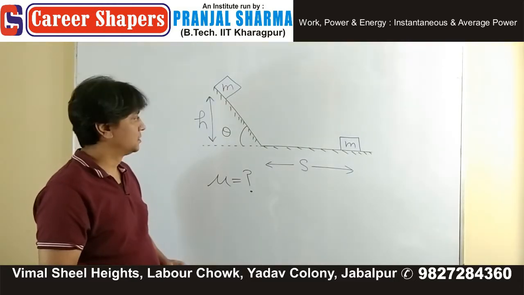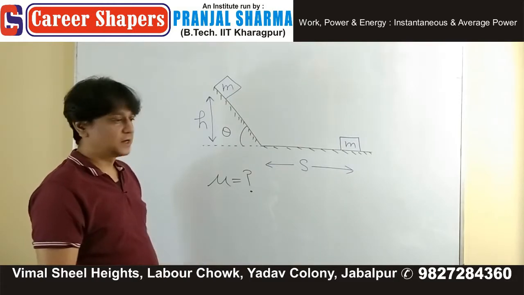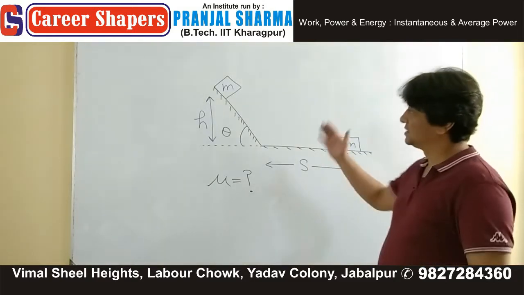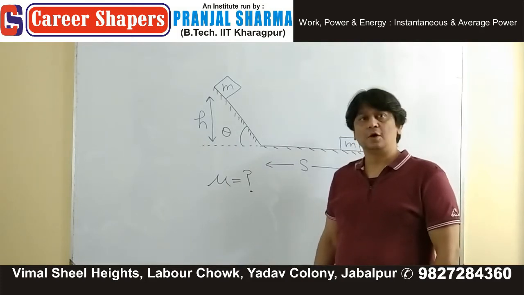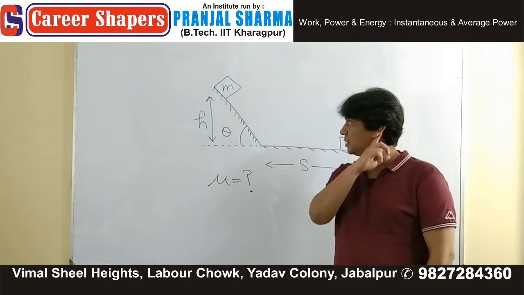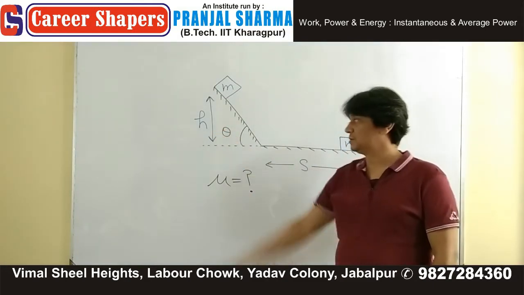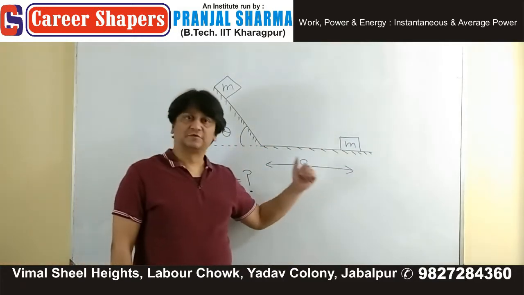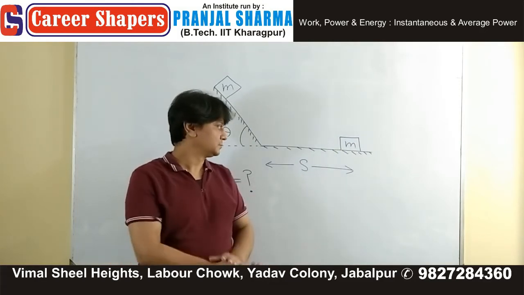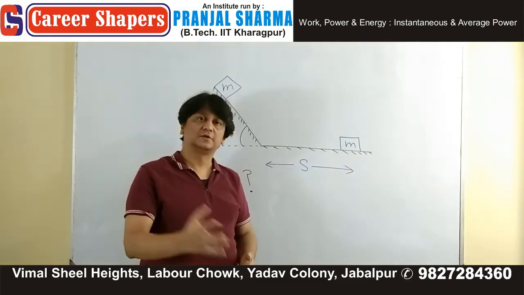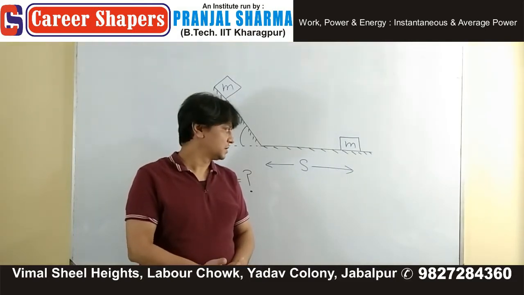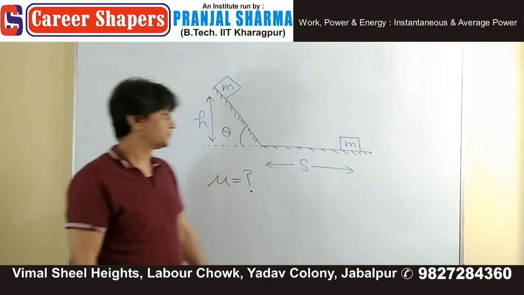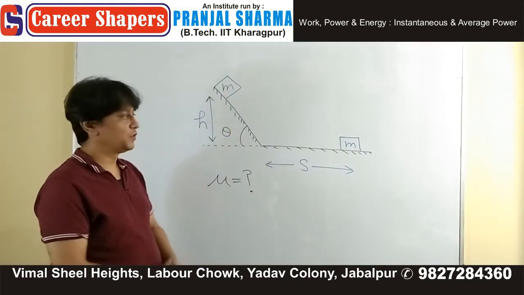Write down the question. An object is released on a rough incline from height h and is finally found at rest after moving a distance s, as shown in the figure.